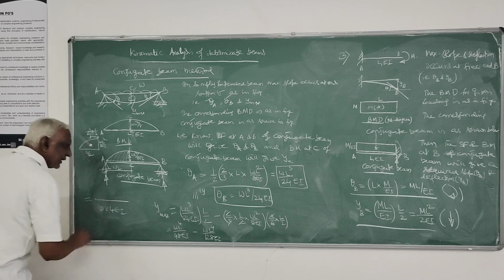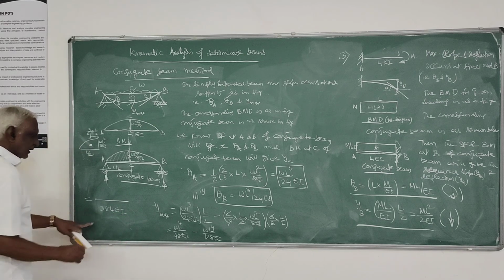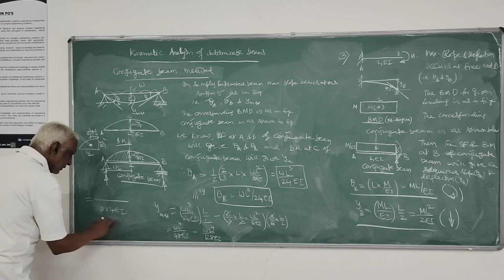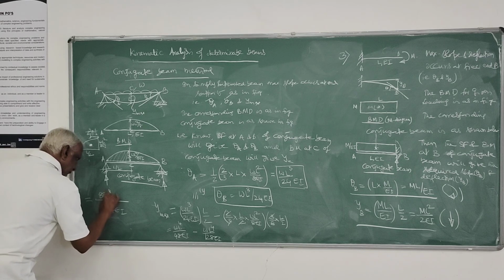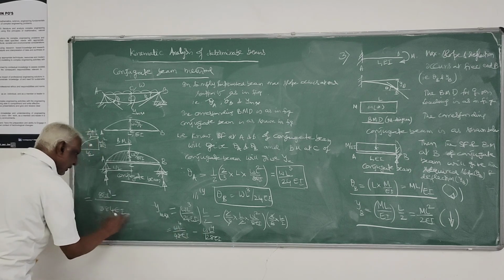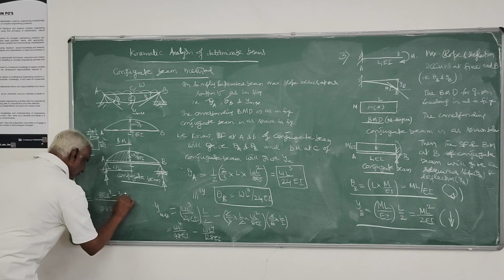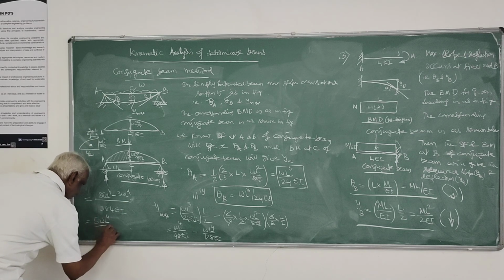For 384 by 48, it is 8, so 8 W L to the 4. Minus this, 384 by 128 is 3, so 3 W L to the 4. So this is nothing but 5 W L to the 4 by 384 EI.